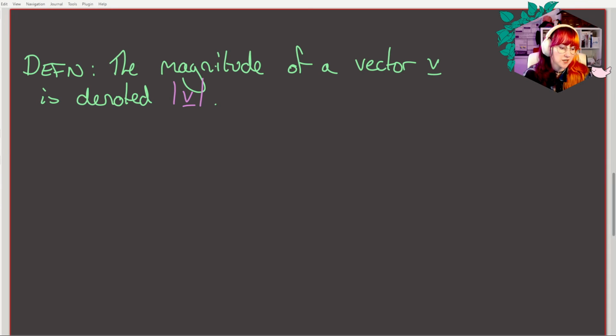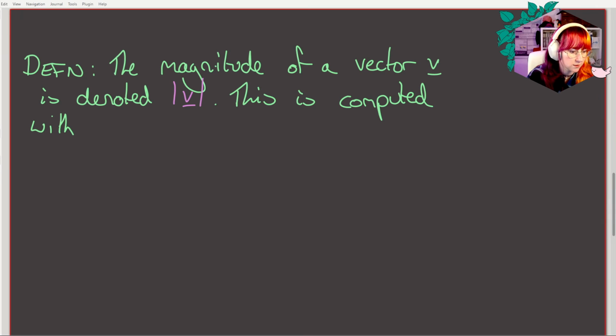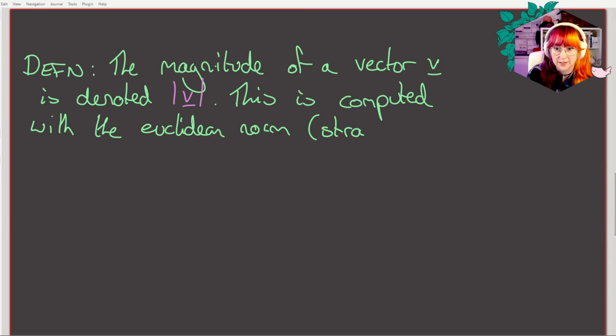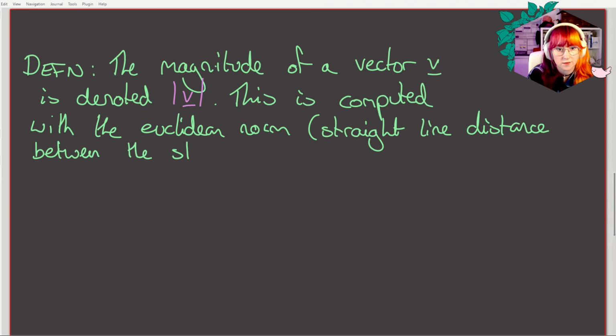And mathematically, the formal definition is that you can compute the Euclidean norm, which is essentially just the straight line distance between the start and end points.